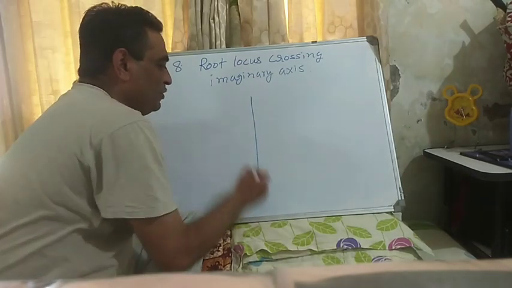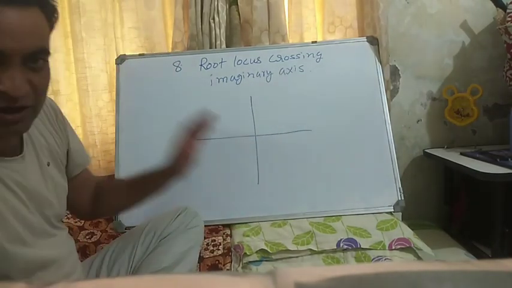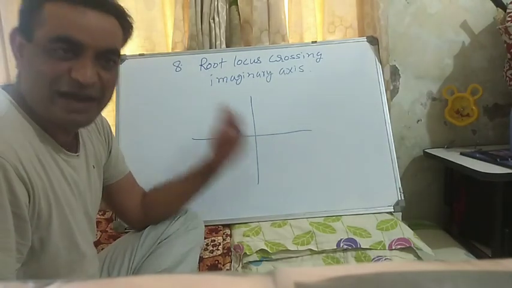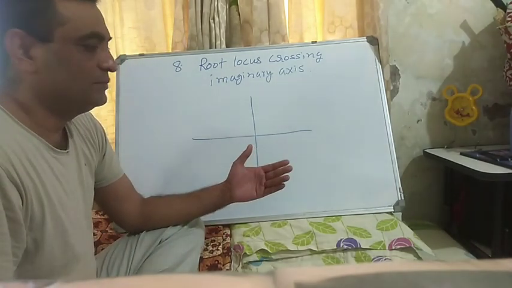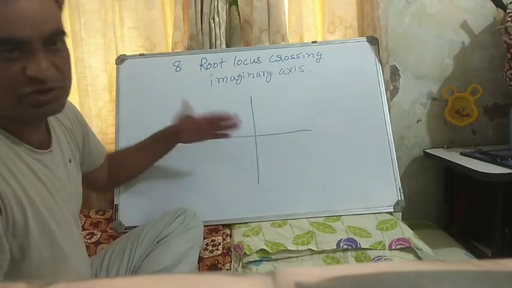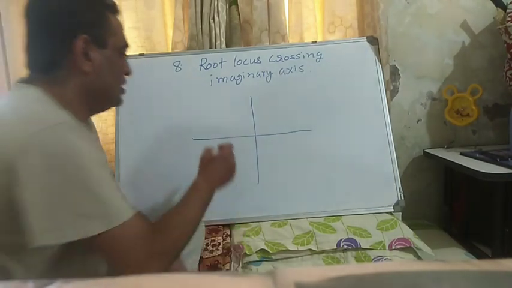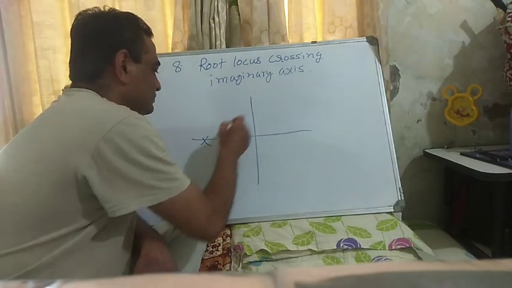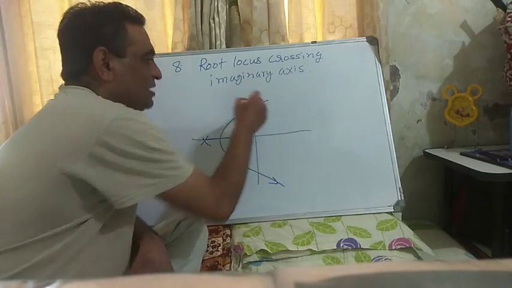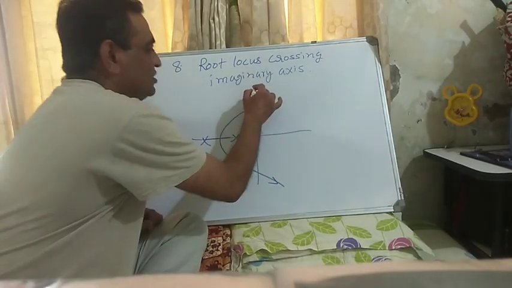So far we know where the root locus will start, where it will end, where it will break away, what the angles of departure are, and where the root locus lies on the real axis. Now, let's say this is the root locus. Now it crosses the j omega axis.